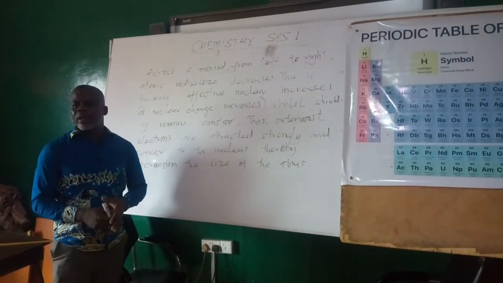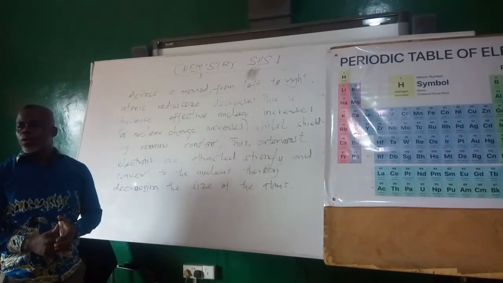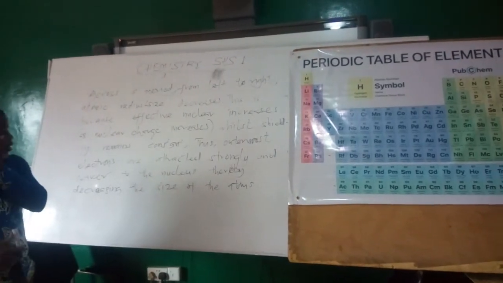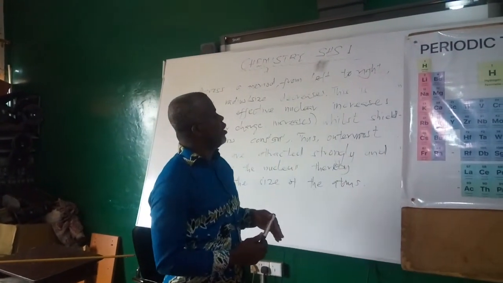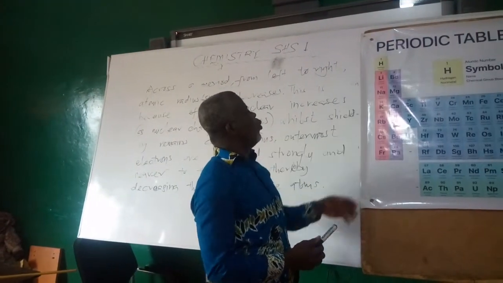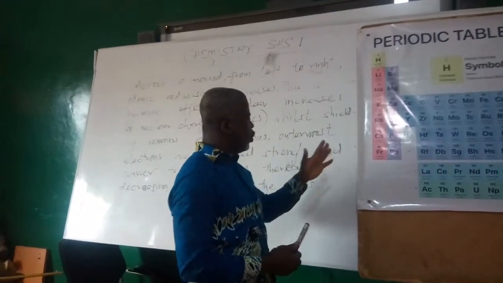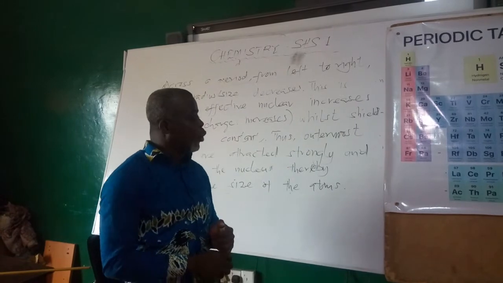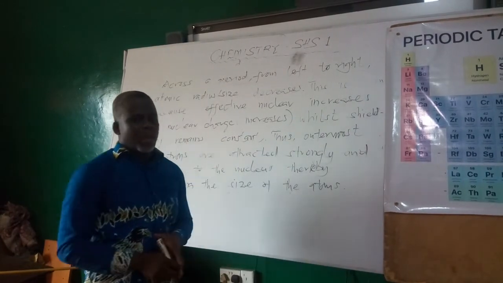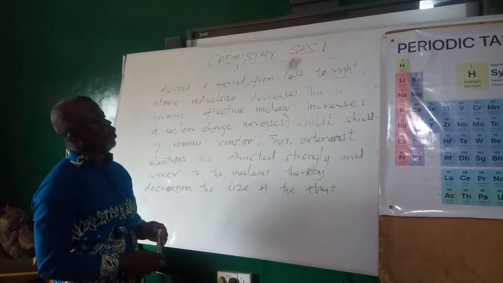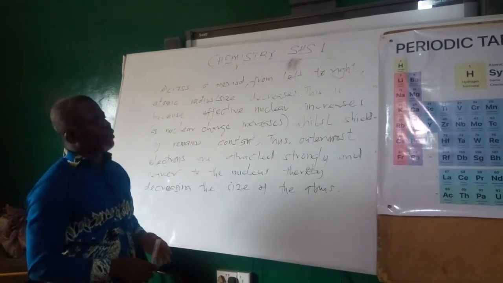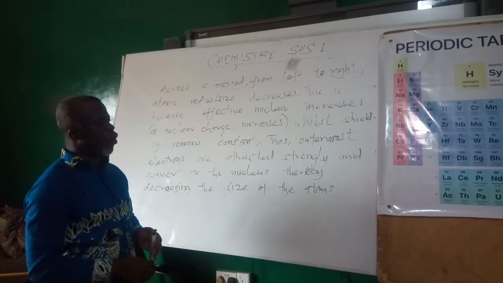we'll end here, and we'll continue in our next meeting where we look at whether the atomic radius is going to decrease or increase, and the reason for that. The reason why I'm saying that atomic radius increases down a group.